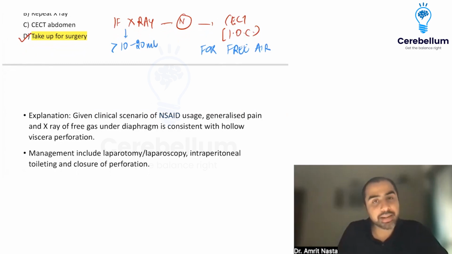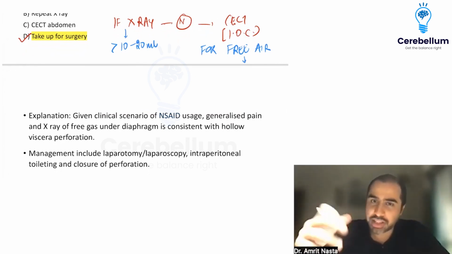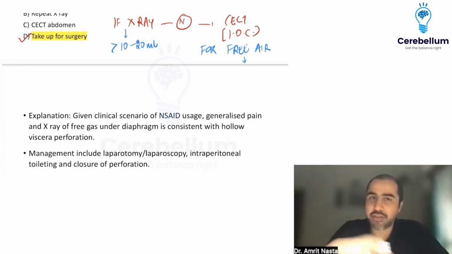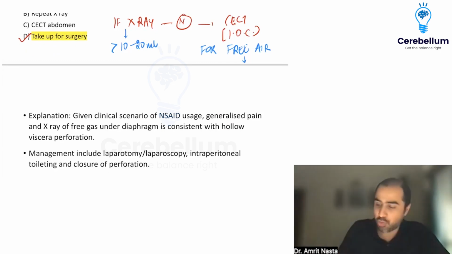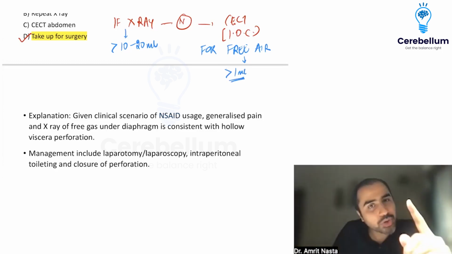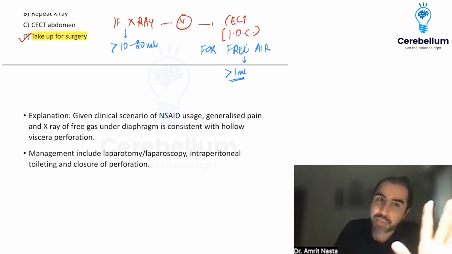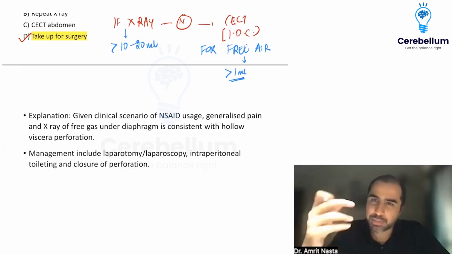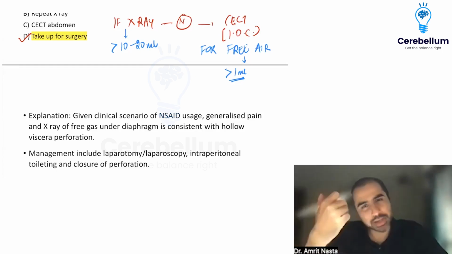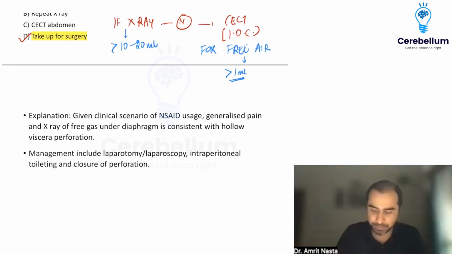How much air can CT detect? It is more than 1 ml. 1 ml air also is going to be detected on CT. But I don't need it. क्योंकि अगर परफोरेशन हो गया तो 10, 20, 50 ml हवा चली जाती है, तो एक्सरे में दिख जाती है, नहीं दिखेगी तो CT करेंगे.